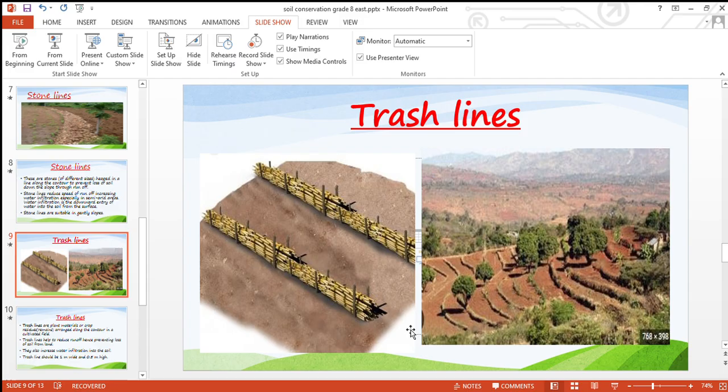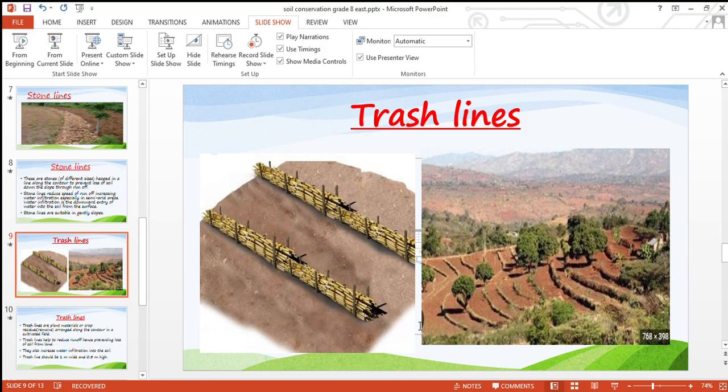Remember, everything that we do to conserve soil is always along the contour, not across the contour. When you heap the stone line across the contour, it will not help. But along the contour, it will help to reduce soil erosion.